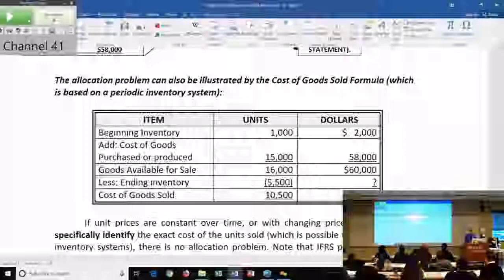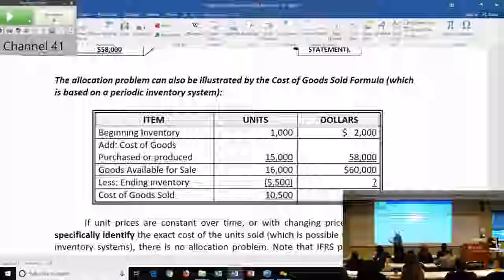So do you use specific identification? You can definitely use it because you've got the ability with technology. Years ago, they would say the only place that you can use specific identification would be at an auto dealership, because I've got the vehicle identification number. I know exactly what car I sold, I know exactly what my cost was, and therefore I can determine my cost of goods sold.